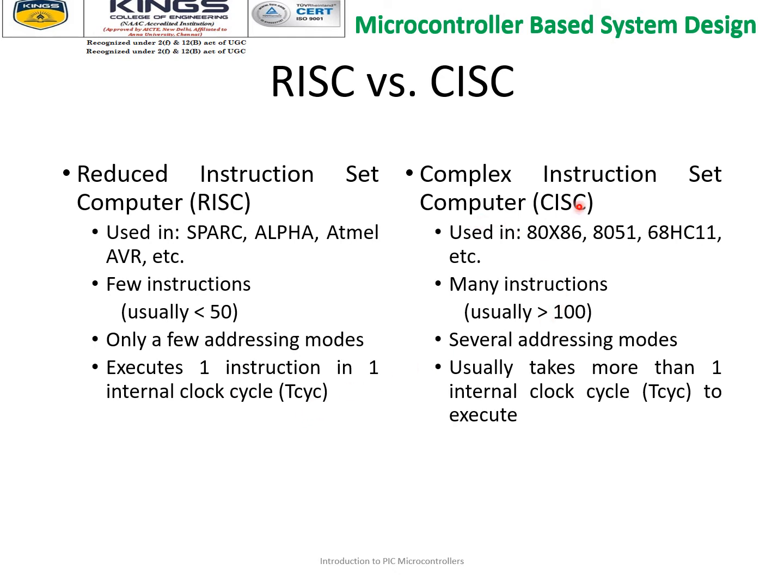Whereas in complex instruction set computer, which is used in 80x86, 8051, Motorola 68HC11, etc., the instructions are usually greater than 100. Therefore, to support these instructions, several addressing modes are used, and it usually takes more than one clock cycle to execute.